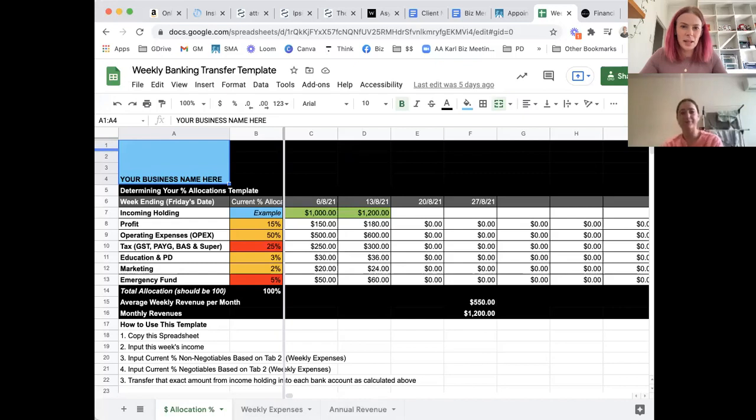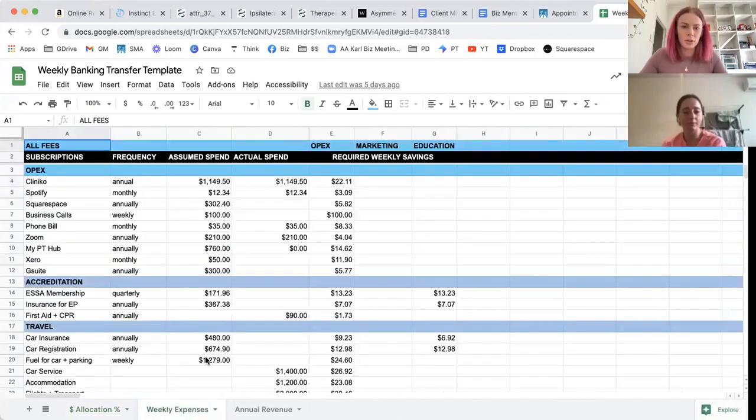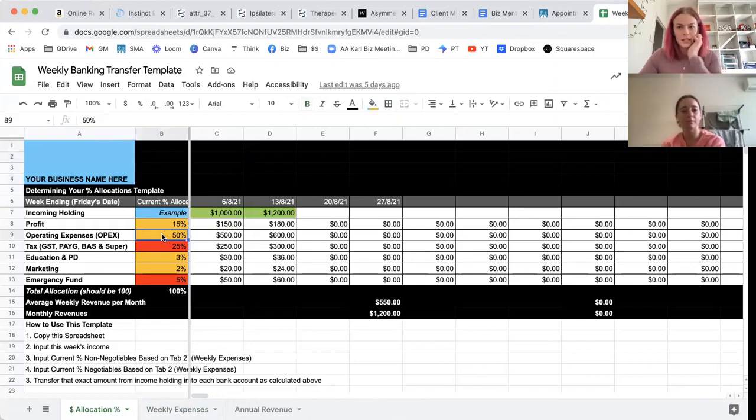Okay, so we've talked about the allocations and how you dictate the percentages, but then you're going to get this operating expenses number, which is just put at 50% here, for the sake of whatever, that they all have to just equal 100.